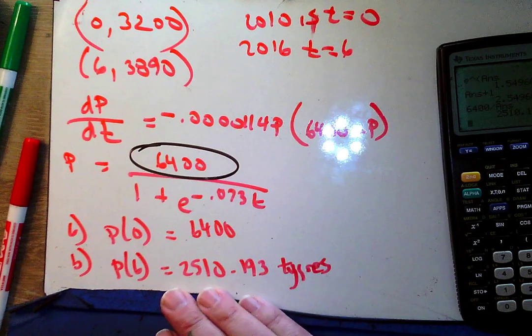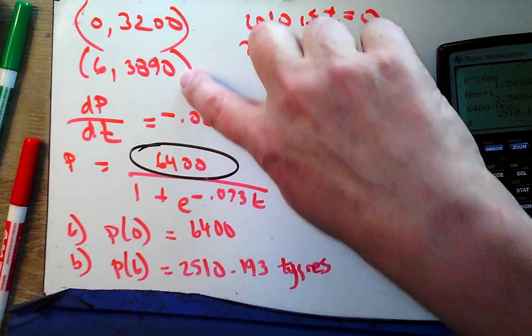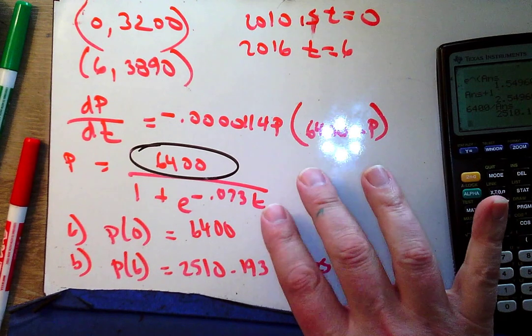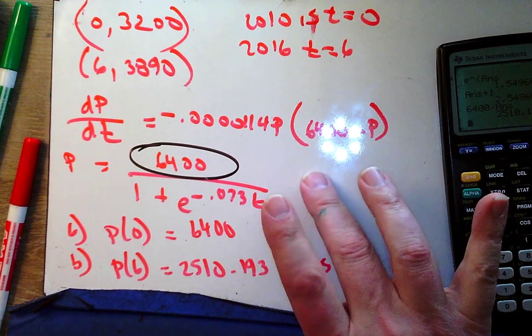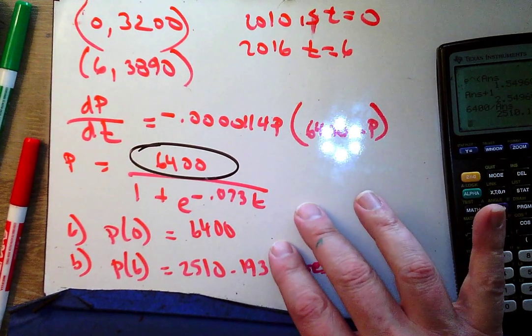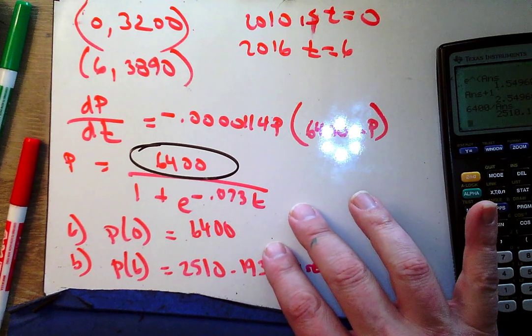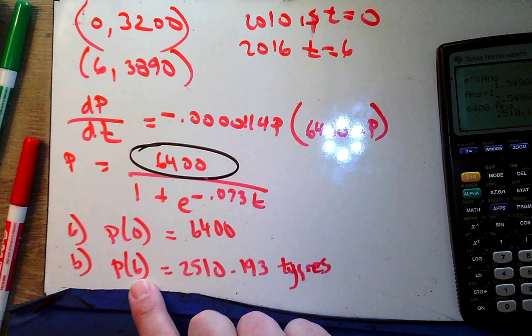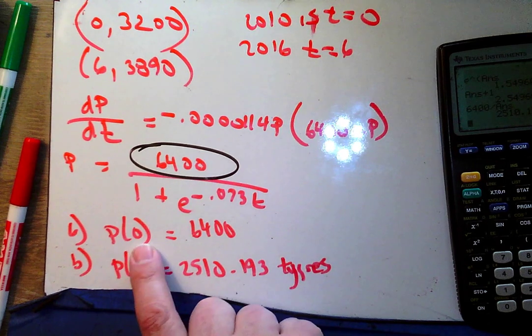All right, so no. This model predicts a much lower number of tigers at 2016. That's not p of 0.